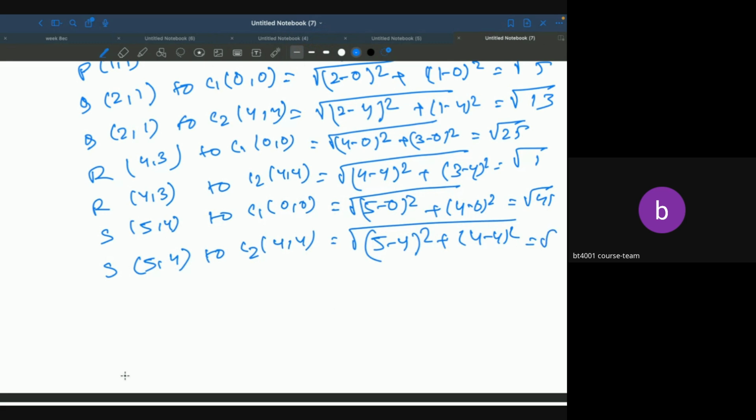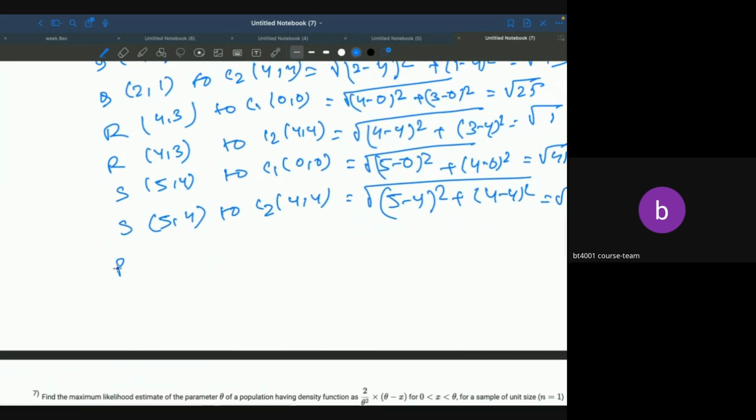So if you see based on the distances, P(1,1) is closer to C1, and Q(2,1) is closer to C1. The rest are closer to C2. Let's add one page. It's not working.